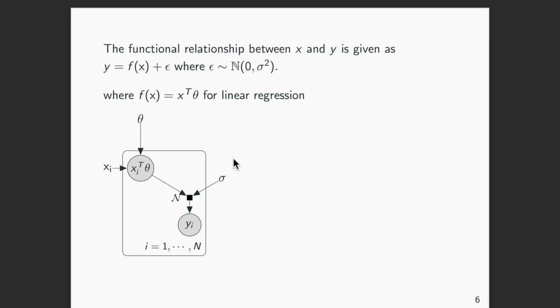And for each x_i, I get x_i transpose theta using the common parameters theta and using the common noise parameter sigma, and through this I am able to obtain y_i. So this helps us understand how the data might have been generated. Any questions on this?